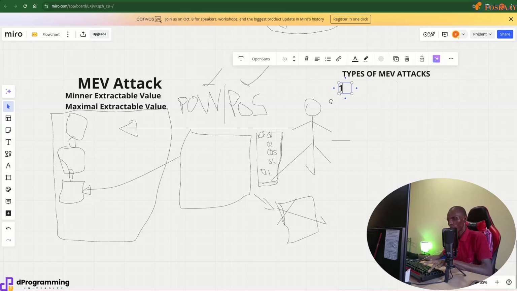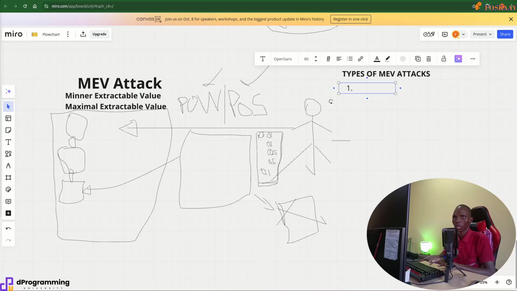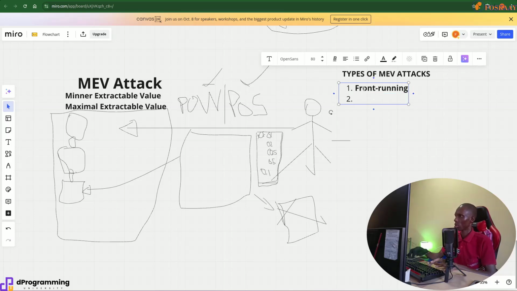The first one we'll talk about is front running. So what does front running mean? Front running, the attacker places their transaction before the target transaction, profiting from price changes before others can react.